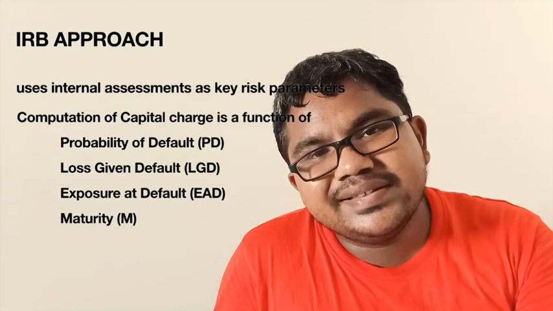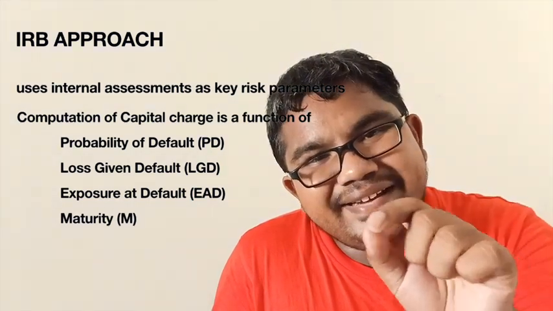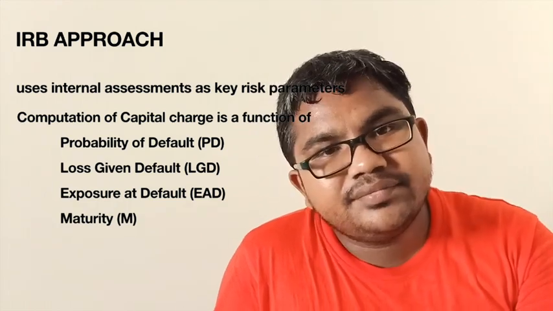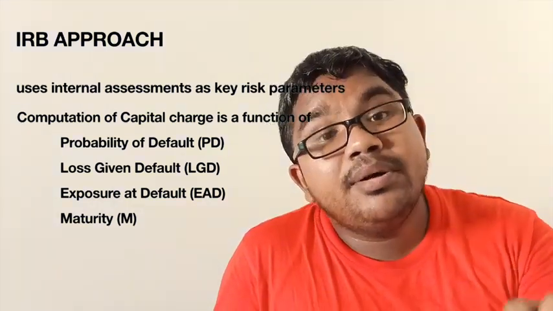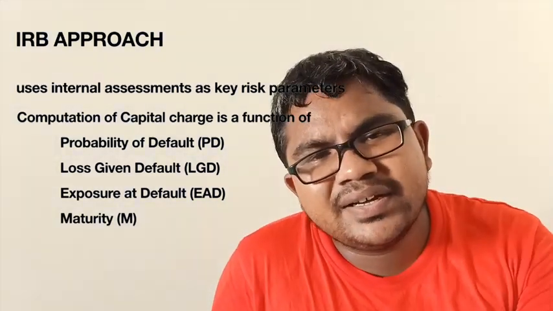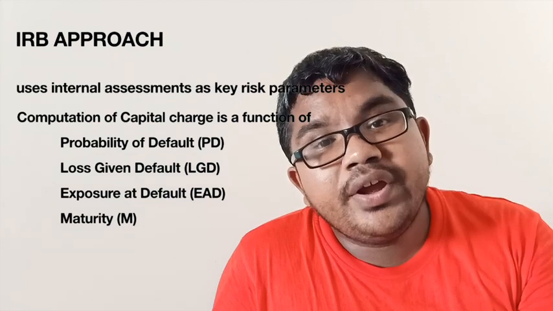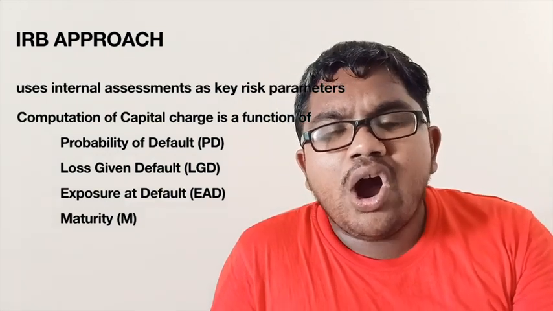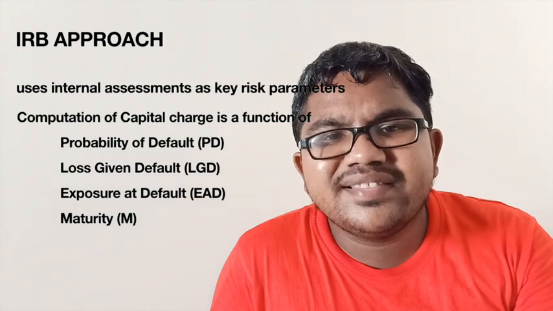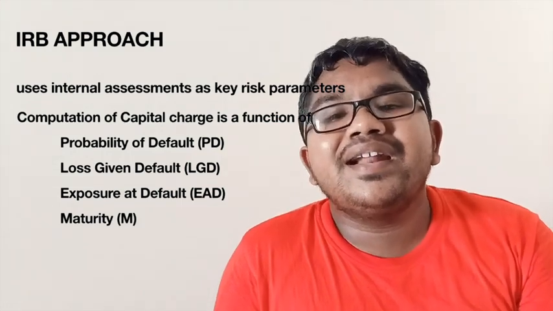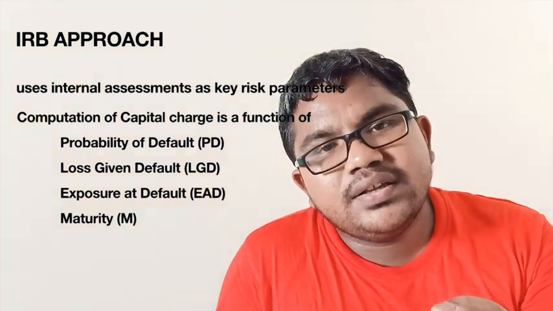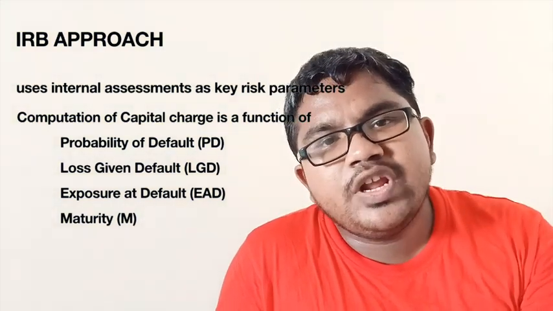The third one is EAD, exposure at default, and the fourth one is maturity. Based on these 4 parameters, we are going to calculate how much capital charge is required to mitigate the credit risk under the internal rating based approach. Now we will see the terms one by one.